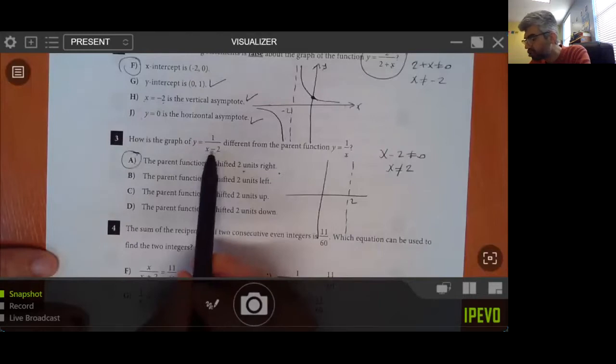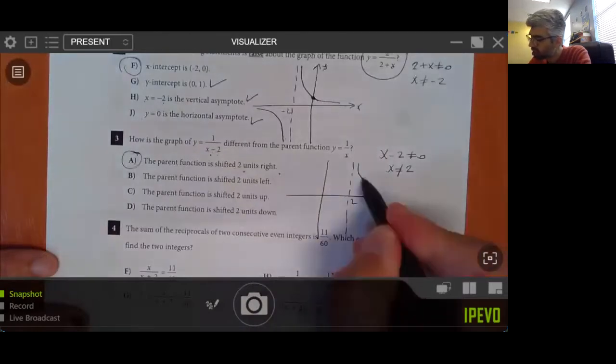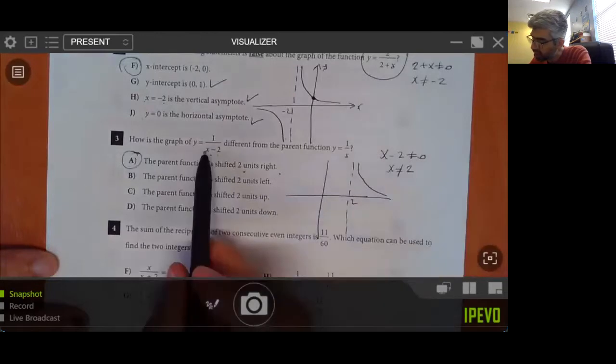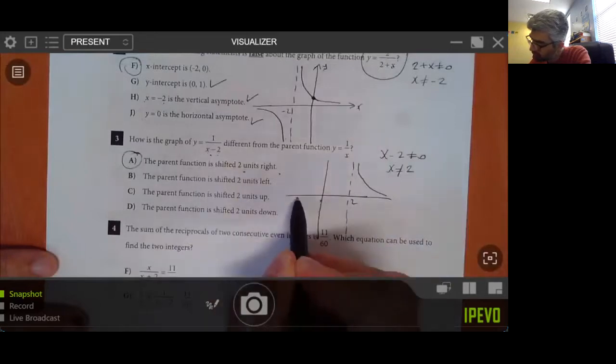So here x minus 2, it means we shift the parent function 2 units right. Okay, so it will look like this. And if x is equal to 0, it means 1 over minus 2, where x is equal to 0, y is negative 0.5. So guys, the graph will be like this.